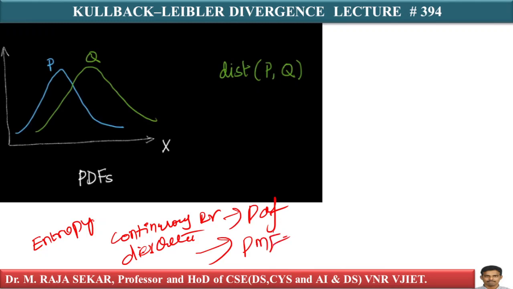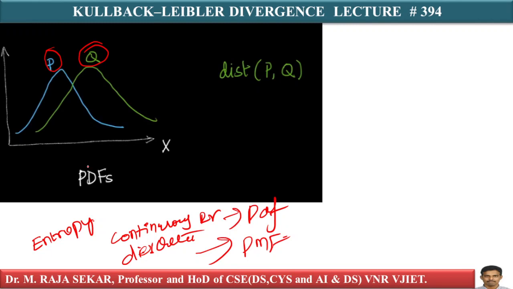What we want to compute is the distance between these two probability density functions P, Q. This is one probability density function, this is another. How do I say whether these two density functions are the same or not?